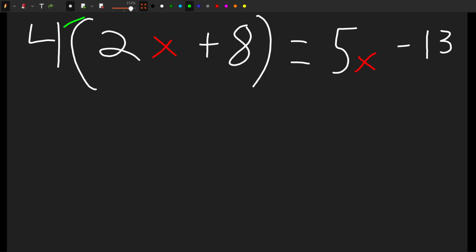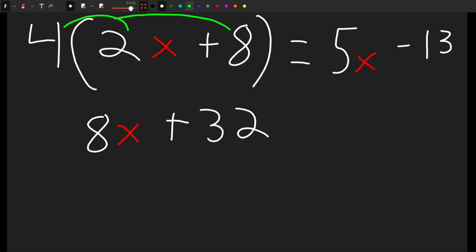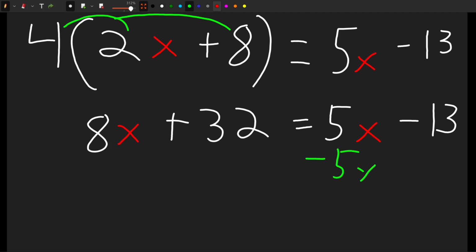So I'm going to distribute this 4 to both terms. 4 times 2 is 8x. 4 times 8 is 32, so I'm just going to get plus 32 is now equal to 5x minus 13. Okay. I'm now going to take care of my variable terms. I'm going to subtract 5x, because I like dealing with positive numbers as much as possible. They seem to be a lot nicer than their negative counterparts.